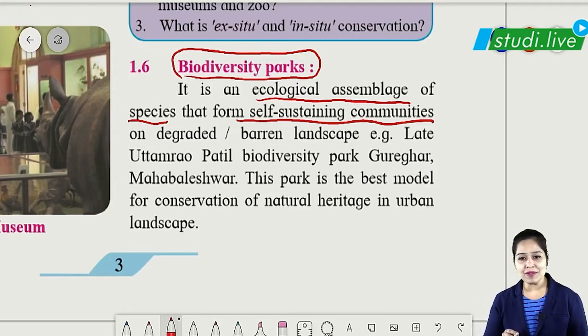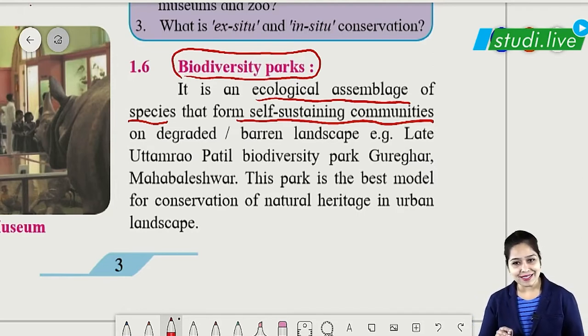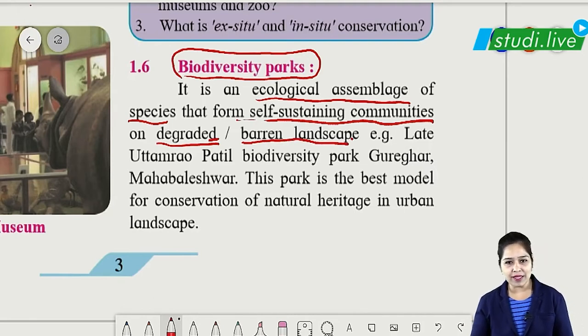So those animals and plants will be self-sustaining, which means they will not require frequent human interaction or the attention of humans. It will be self-sustaining communities on a degraded and barren landscape, which means where there are no living organisms at first. So there we first plant trees, then a pond, then we bring in animals.